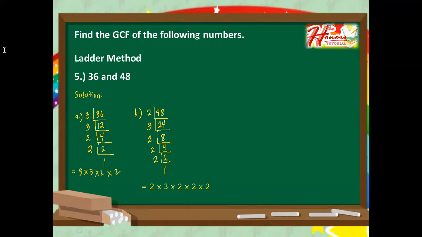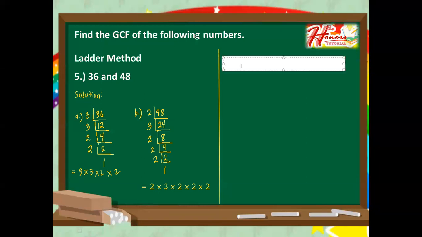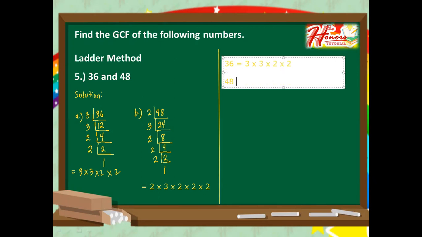Now, let's solve for the GCF. So this is 36 equals 3 times 3 times 2 times 2. For 48, we have here 2 times 3 times 2 times 2 times 2.